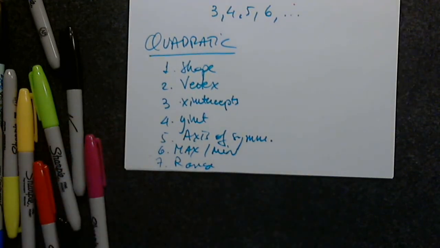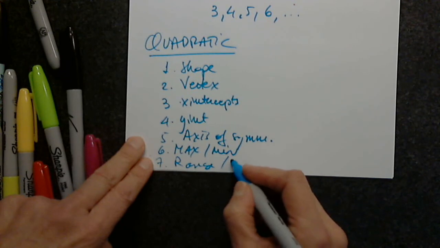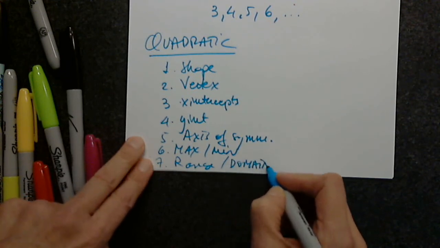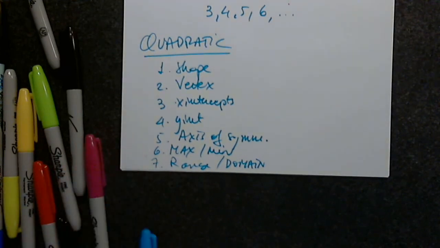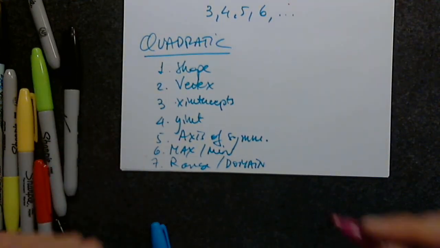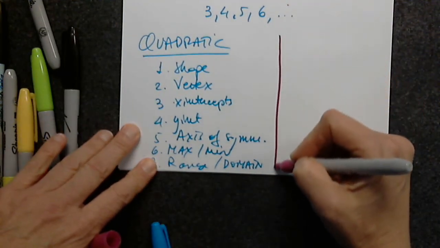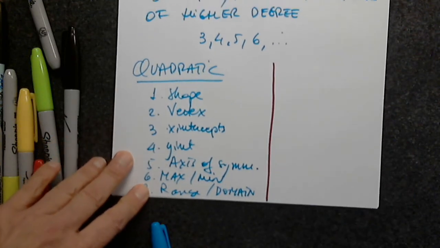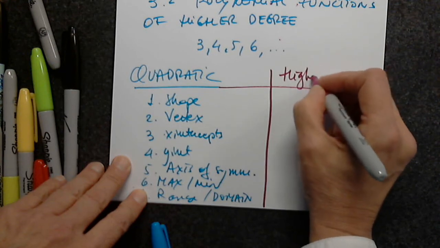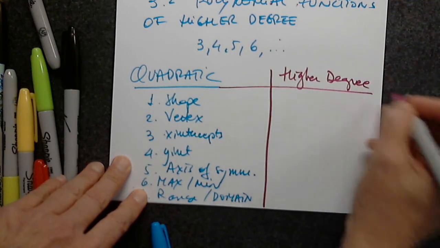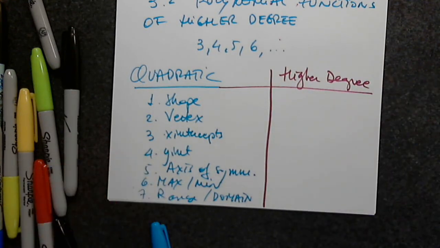And you can say, okay, what about domain? Yeah, I'm going to say domain also. I didn't emphasize it because we already knew that quadratic functions are defined everywhere. And this will continue. Now, for higher degree, the list is much bigger.